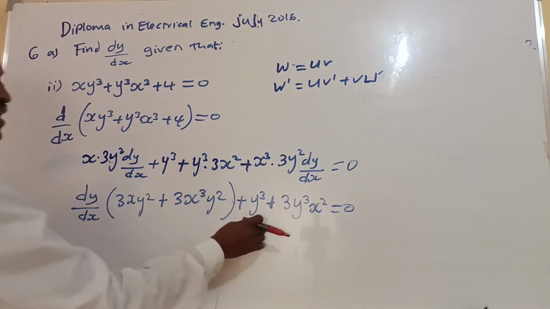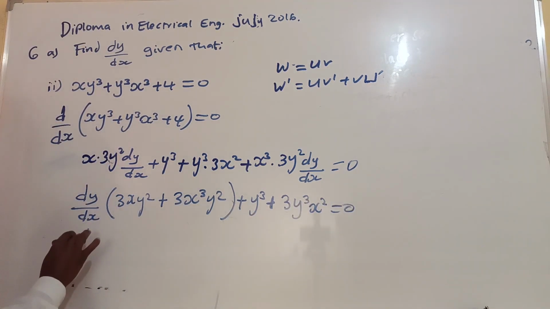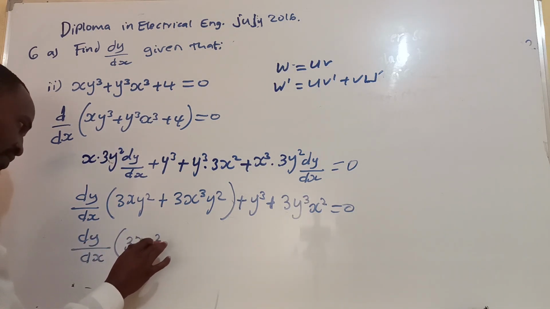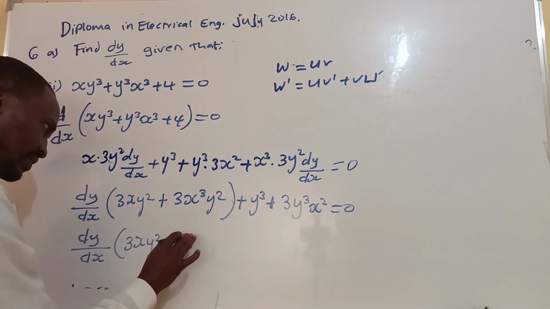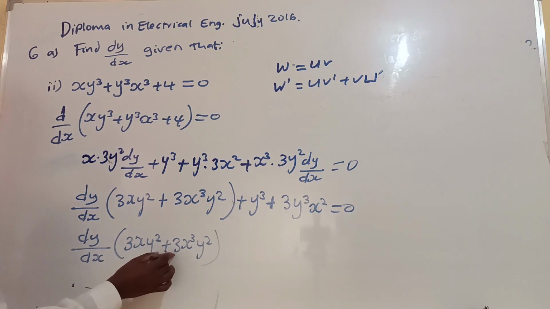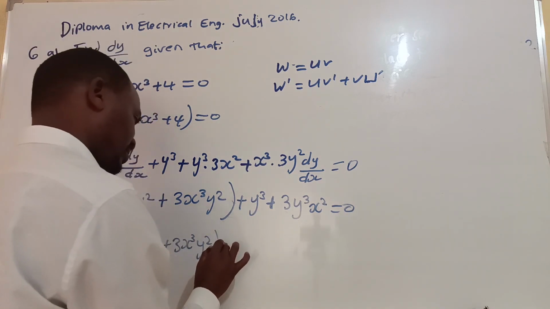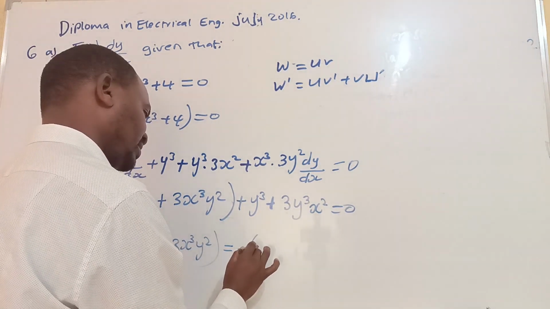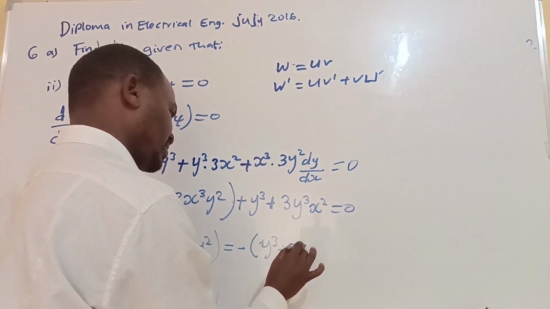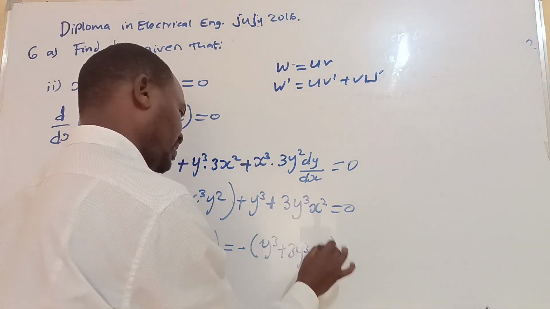Or we can take this to the other side of the equation. dy dx times 3xy squared plus 3x cubed y squared is equal to negative into bracket y cubed plus 3y cubed x squared.